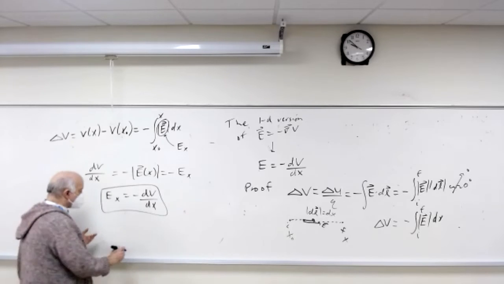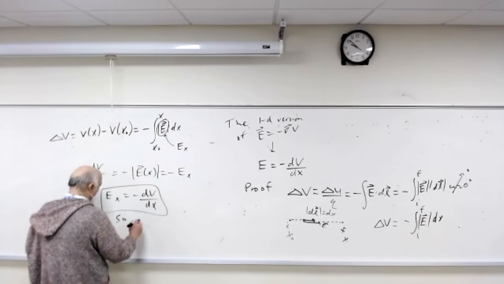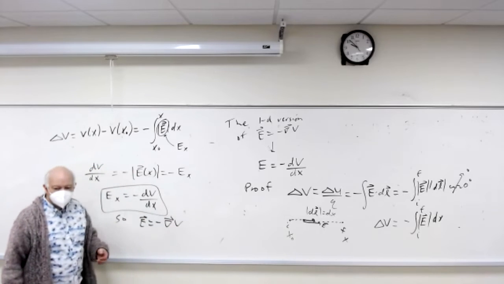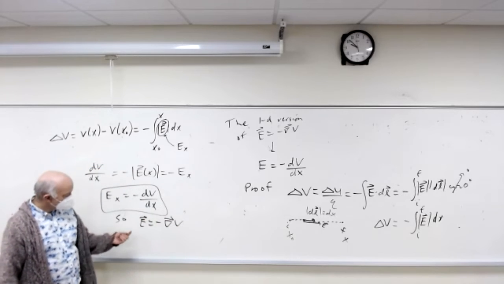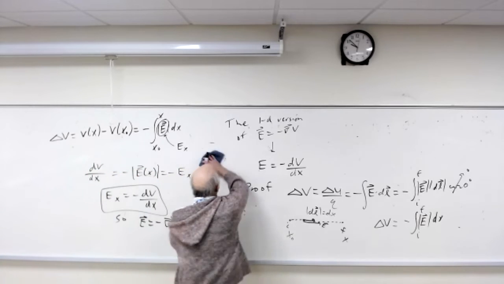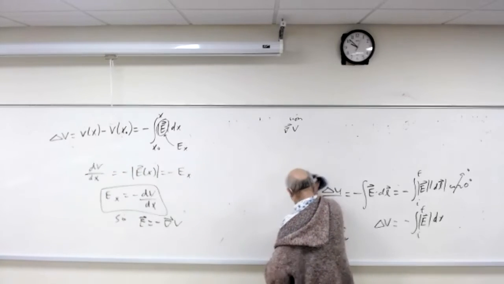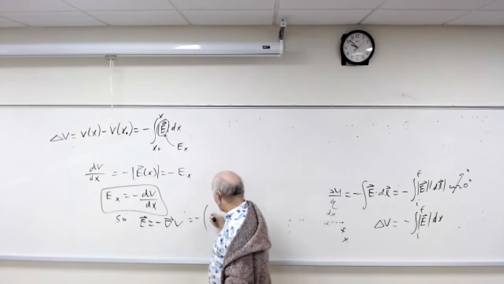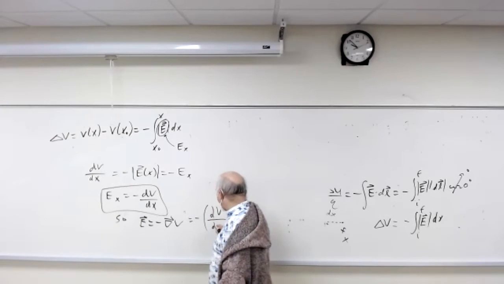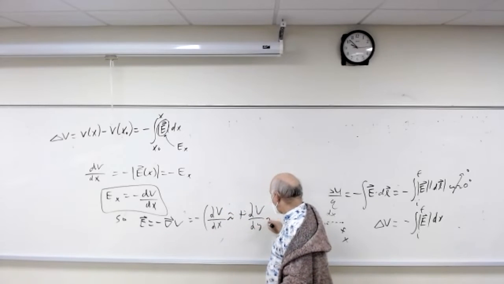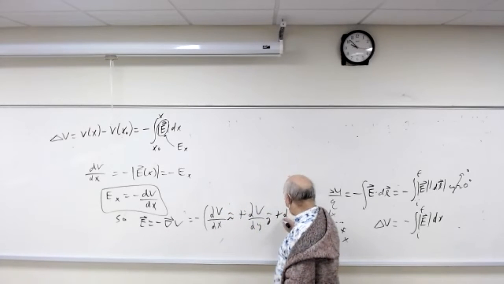So what's one way of looking at this then? This expression here, if you were to write this whole thing out, is partial V with respect to x, i hat, plus partial V with respect to y, j hat, plus partial V with respect to z, k hat.